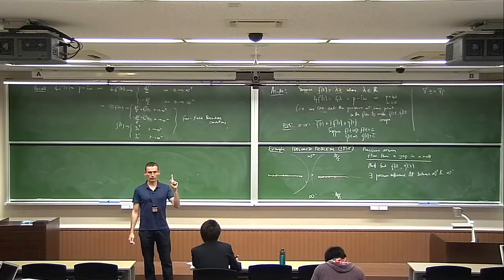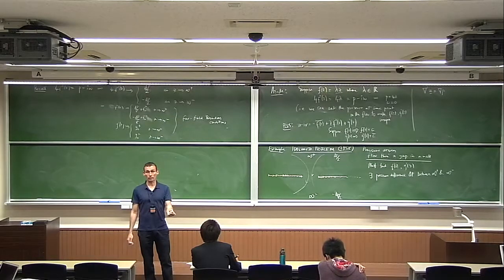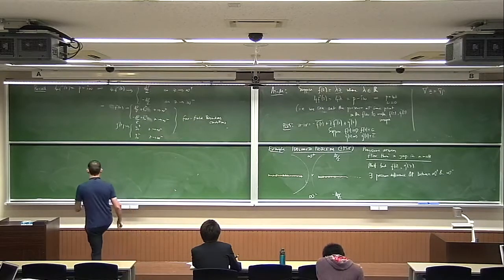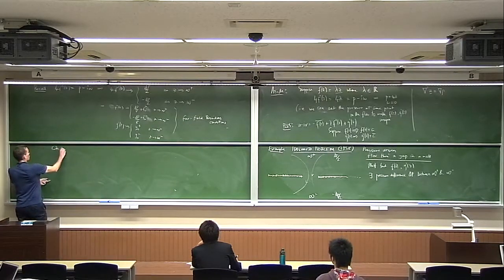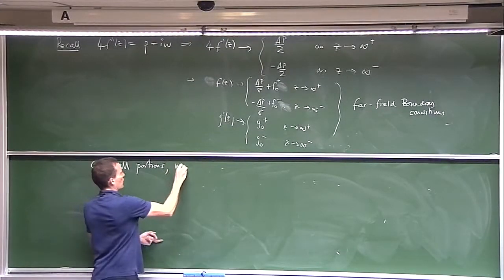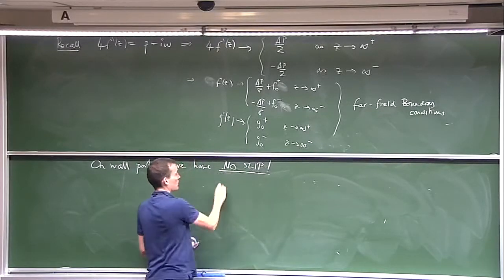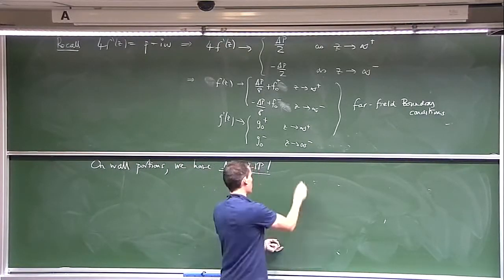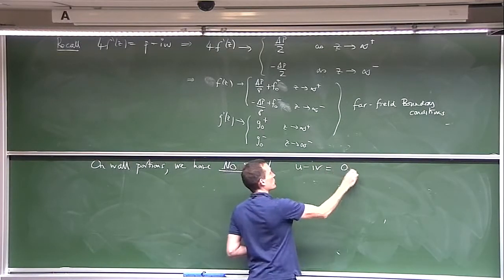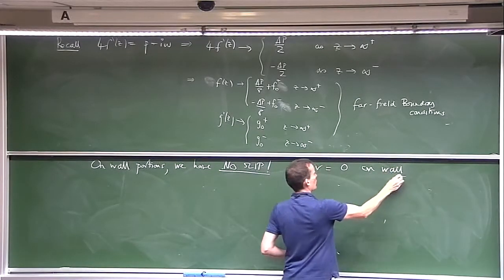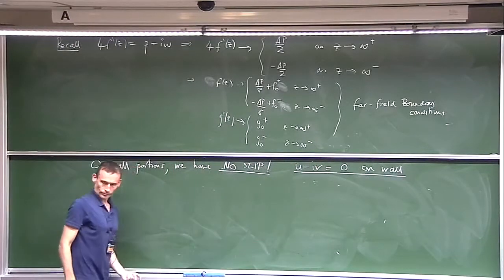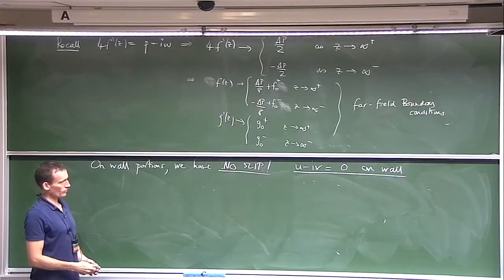No slip. Viscous fluids cannot slip on solid surfaces. So on the wall portions we have no slip, and that means U minus iV is 0.